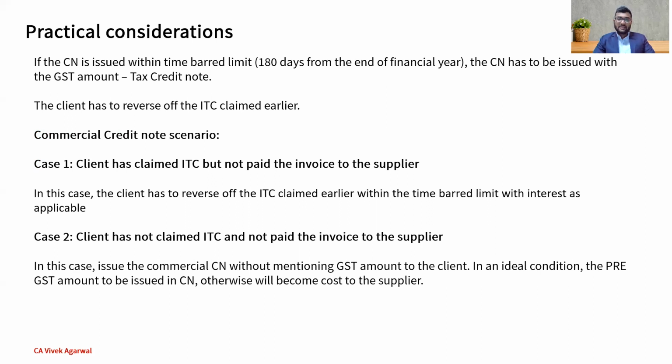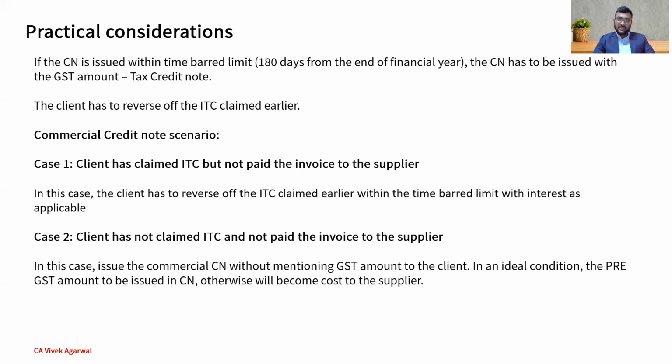The client has claimed the input tax credit in April itself, but the client has not paid me the invoice value. So in that case, the client has to reverse off the input tax credit which he would have taken in his books or maybe in his returns, if he is not reversing within the same month.